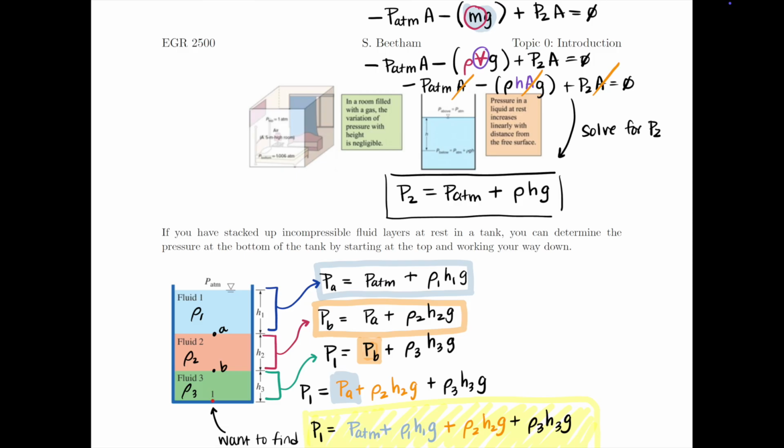All right, now I notice that I have A in all three of these terms. So I'm going to divide through by it. I can do this because area is not 0. I'm not dividing by 0. This is totally fine. So I'm going to divide through by A and cancel these out, right? And now I can just solve for P2.